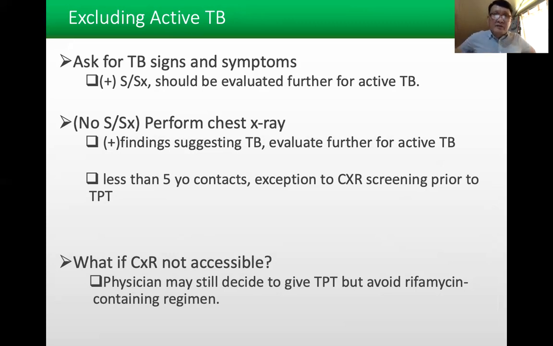So if there are signs and symptoms, there's a need to evaluate further for active TB. Maybe the patient doesn't need TPT, he needs complete treatment for TB. If there are no signs and symptoms, perform chest x-ray, okay? If positive findings suggestive of TB, again, we evaluate further for active TB.